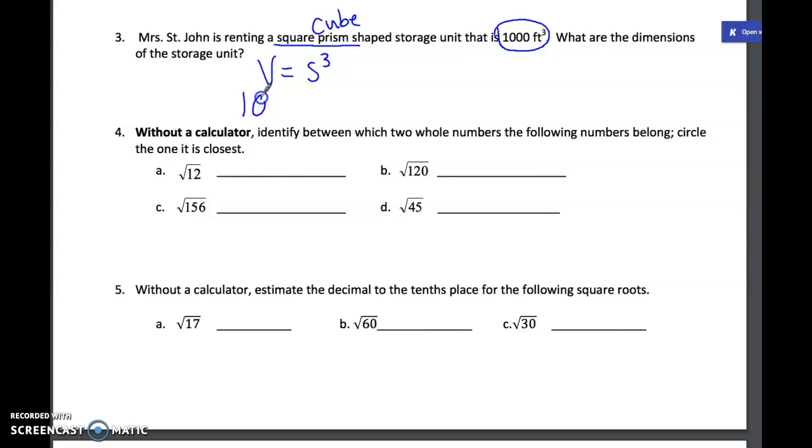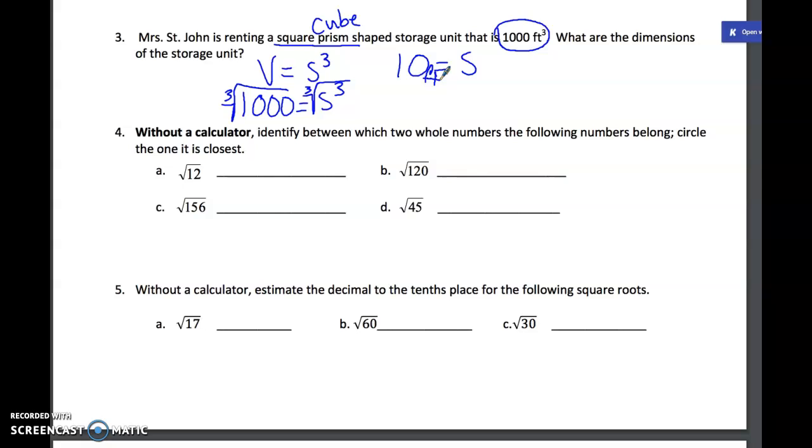So volume is 1,000 equals S cubed. We want to do the inverse, which means cube root. Cube root of 1,000 gives me 10 equals S. So each side of the storage unit is 10 feet.